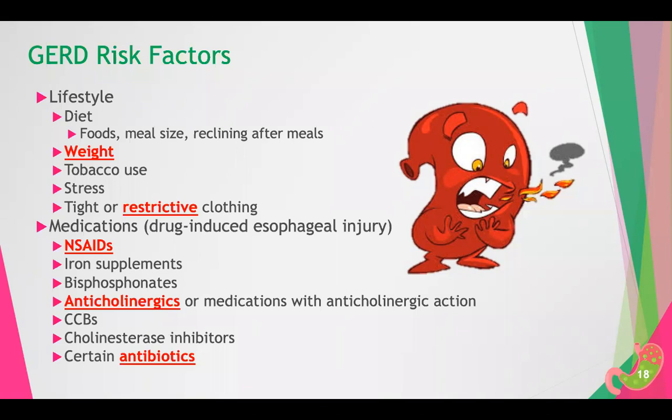And of course, medications can increase the risk for GERD. Remember, we just talked about drug-induced esophageal injury. So those medications that can cause esophageal injury, they can increase the risk for GERD.